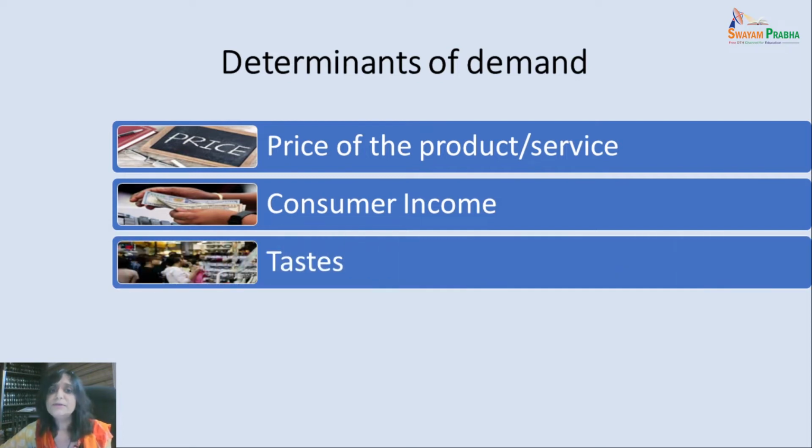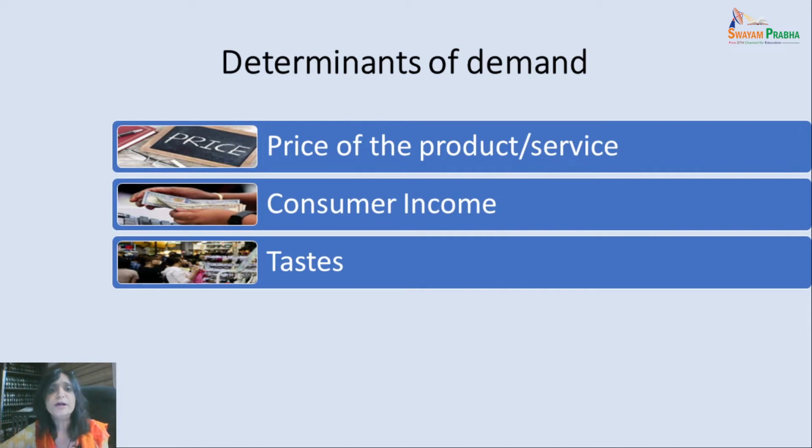Then tastes and preferences of the consumer, whether you like that product or not. So many products get introduced in the market. You go out in any superstore, you are looking for a packet of biscuits, there will be n number of brands selling you those biscuits.